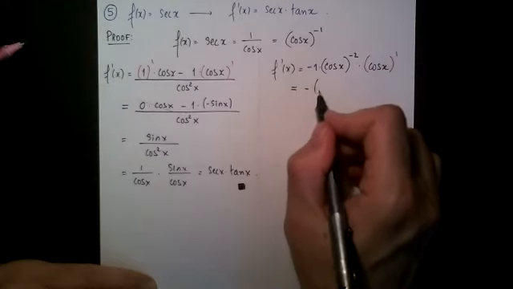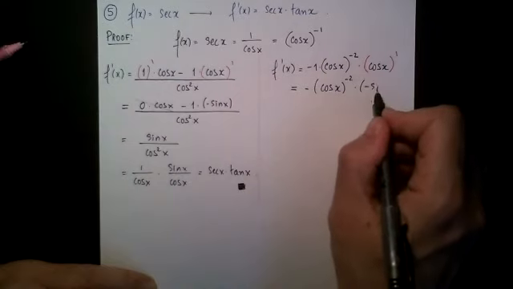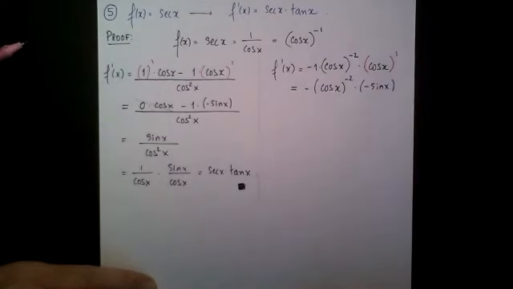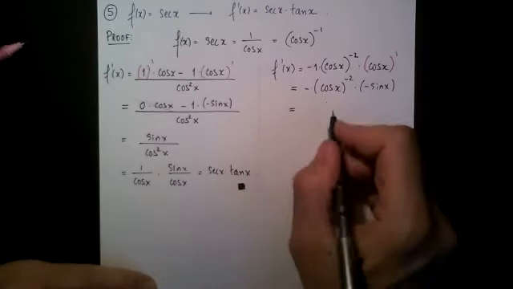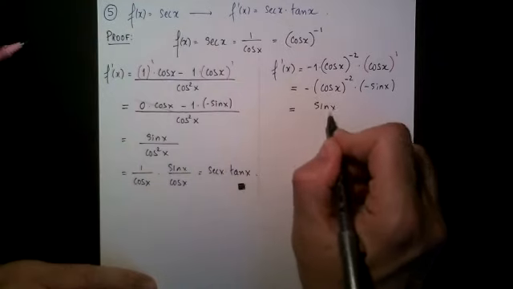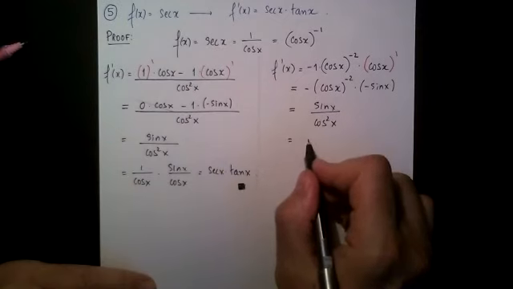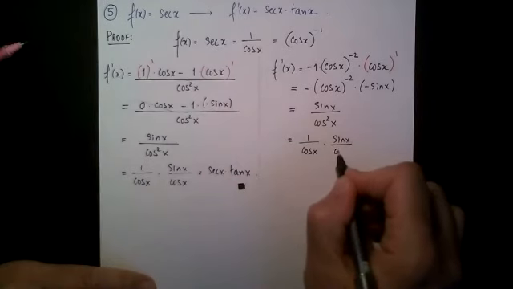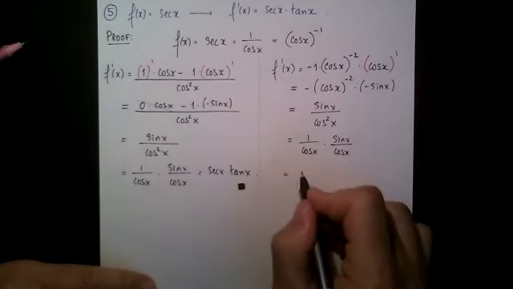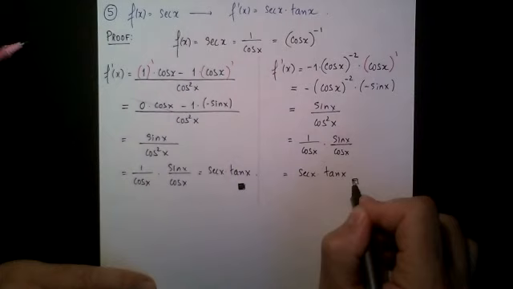So it's negative cos x to the minus 2 times negative sine x. Minus times minus disappears, so I have sine x over, because this is the minus 2, cos squared x, and I'm exactly at this spot now. So it's again 1 over cos times sine over cos, which is secant times tangent. Done.